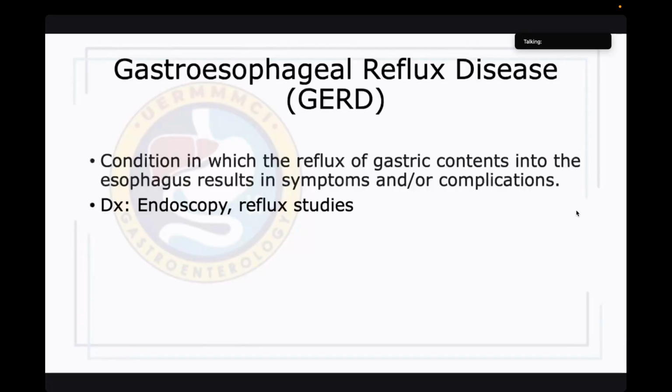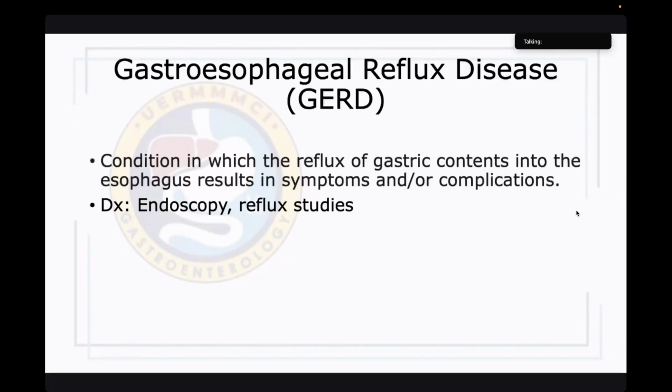We now go to the discussion of gastroesophageal reflux disease or GERD. This is one of the most common conditions that we as gastroenterologists see every day. According to Harrison's, 10 to 15% of adults in the United States are affected with GERD, and the numbers are increasing. In the Philippines, there are no exact numbers, but roughly around 10% of the population.